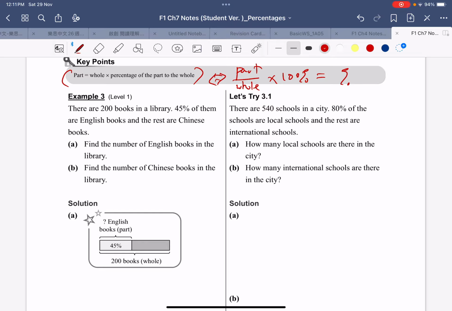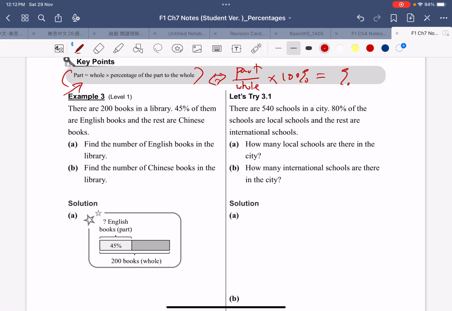If we want to find the percentage, we do this. If you just want to find the part, we use this. Example 3. Sometimes you are given the whole and the percentage and asked to find the part. Okay, this is the formula we use here.